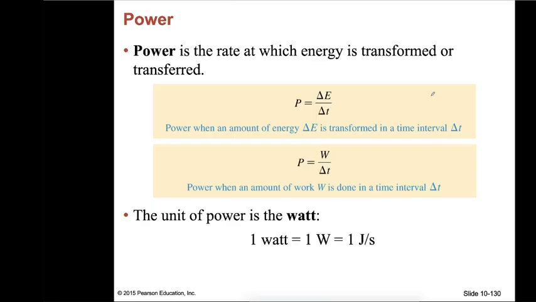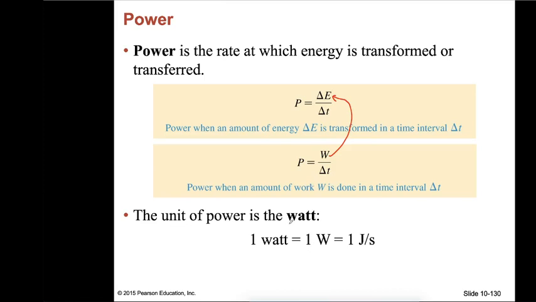Now let's see power. What is power? Power is the rate at which the energy is transformed or transferred. The equation for calculating power is delta E over delta T. Or when some force is doing some work, you can use work over delta T, because work equals the energy change. So that's the definition of power.